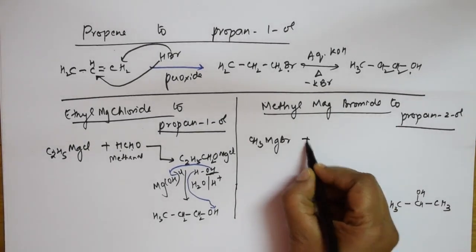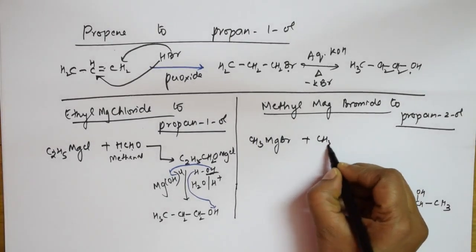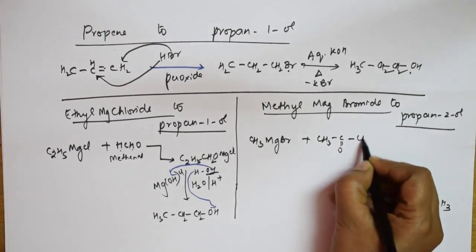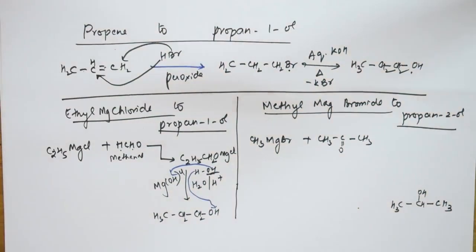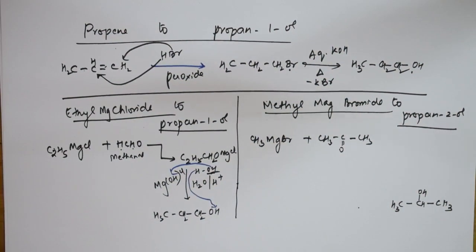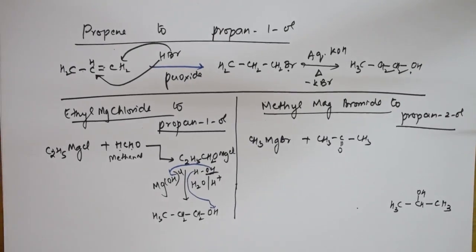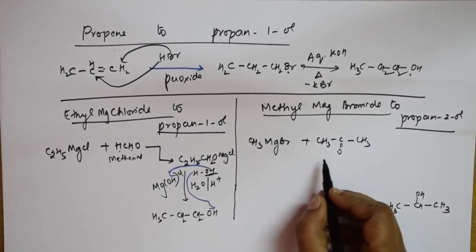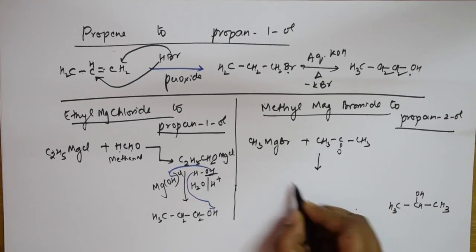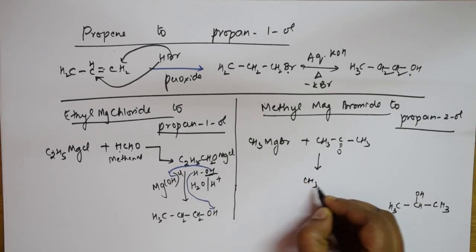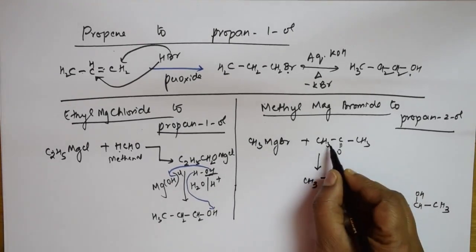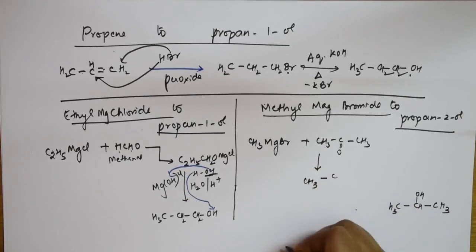Then only I'll get 3. Now let us add. What can I add? I can add CH3, C double bond O, CH3. Now, when I add this compound, what do I get? I'm going to add the whole thing to this. Let me see whether I'm doing it correctly or not. CH3 is here. This carbon is in the center.